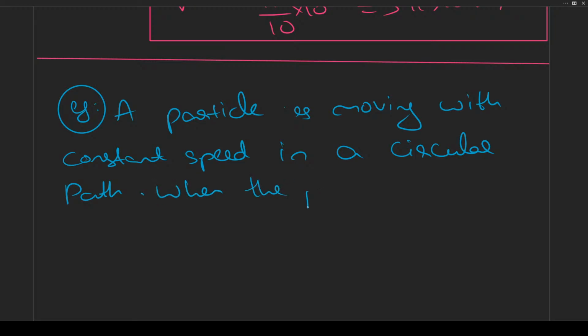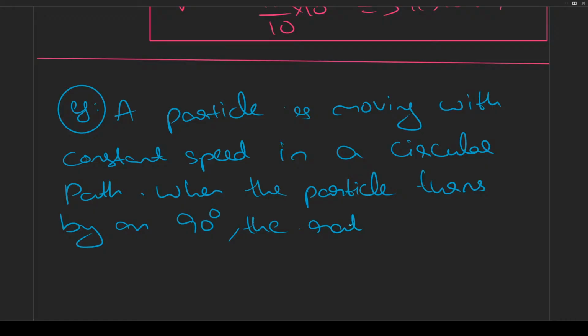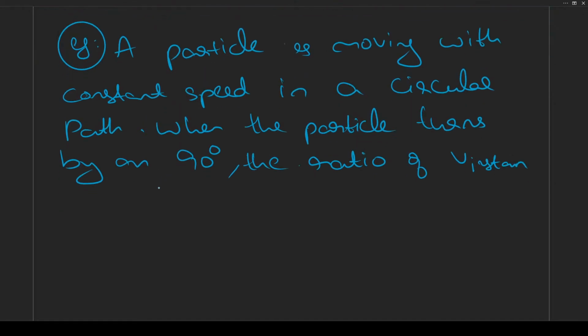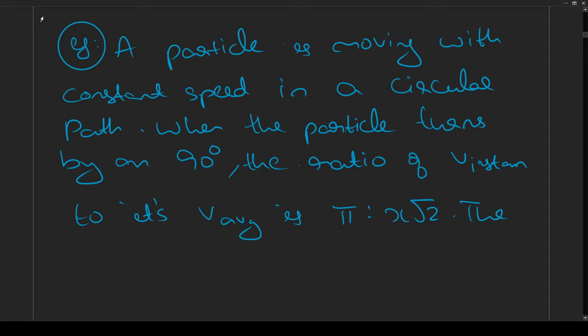When the particle turns by an angle of 90 degrees, the ratio of its instantaneous velocity to its average velocity is π is to x root 2. The value of x will be.